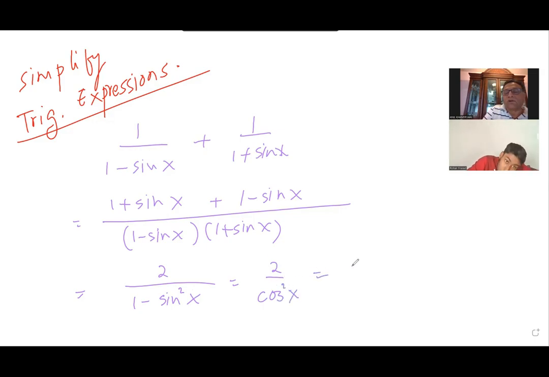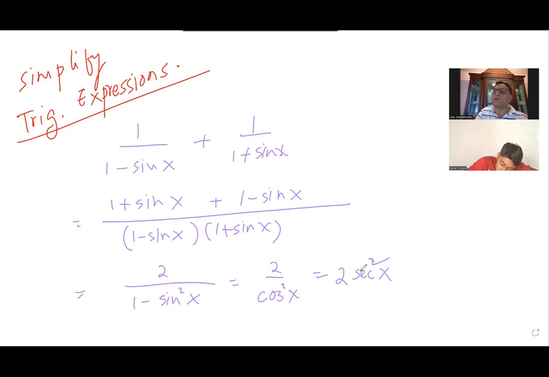Cos reciprocal is secant, so we get 2 secant square x. So we simplified an expression, correct?